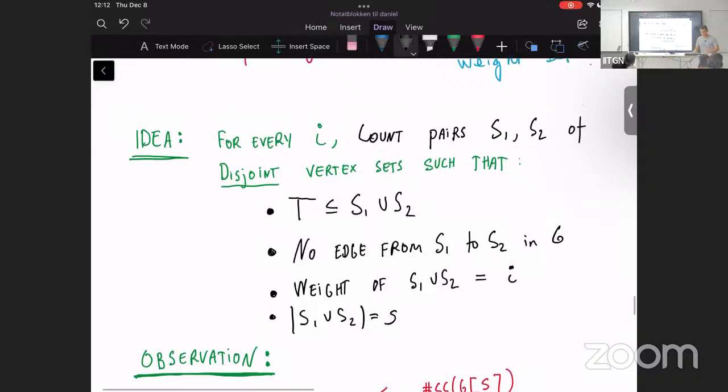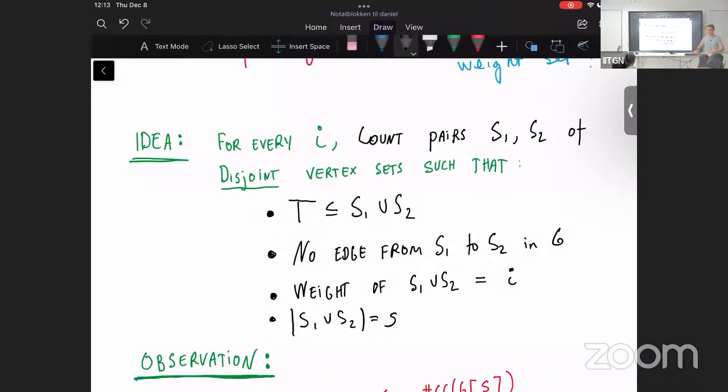And now think about it like this. Every set S of a given size that contains all the terminals will contribute; all partitions of that set into two sets S1 and S2 will have the same weight and the same set size.